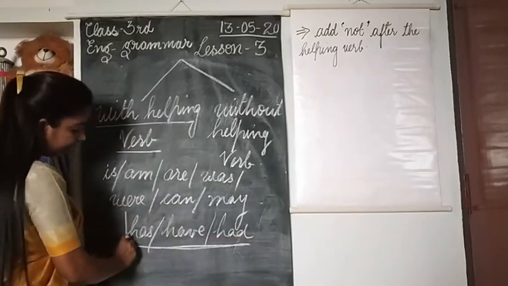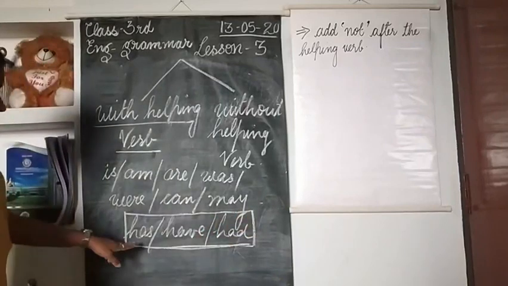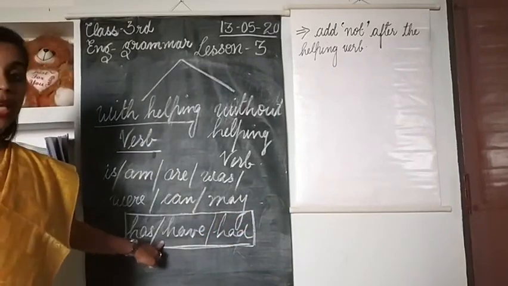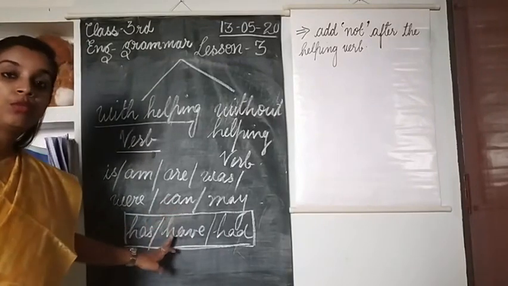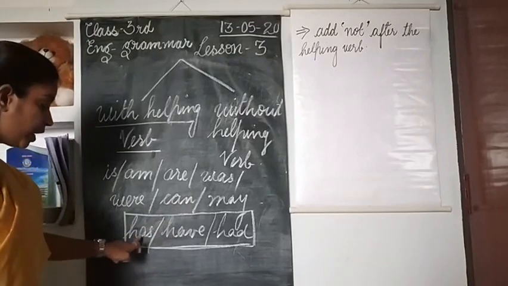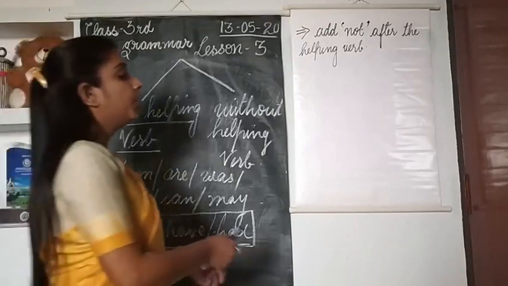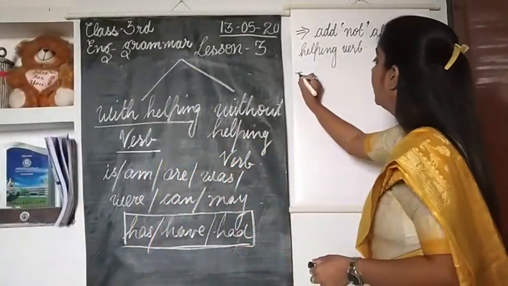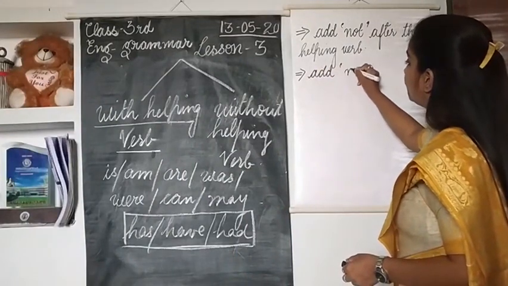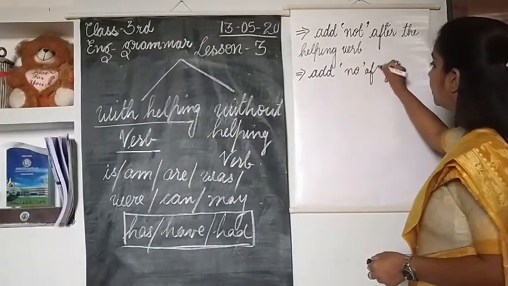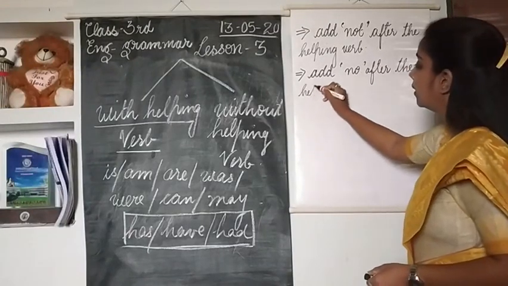Now these 3 helping verbs out of those 24 helping verbs, children, they show possession. And if you are asked to change such sentences which have any of these 3 helping verbs, you can change them into negative by adding no after the helping verb.